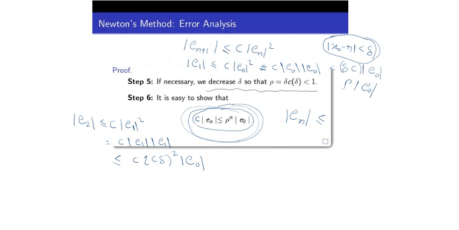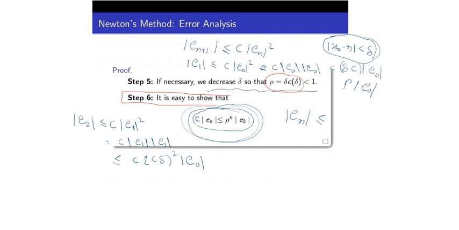We call this quantity rho, and you can decrease delta so that this rho is strictly less than 1. So what is claimed here in step 6? It is easy to show that this inequality is true.